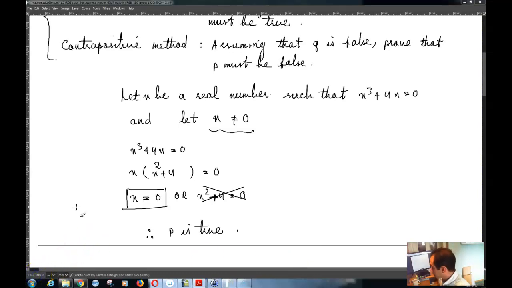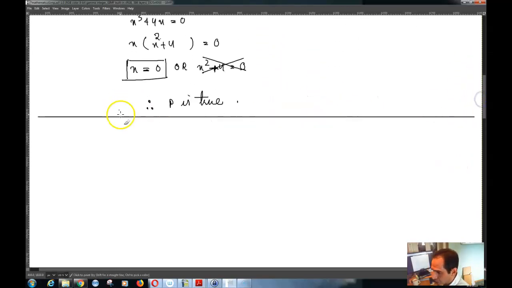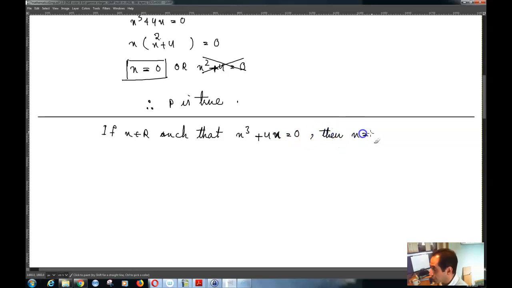Okay, so now let's prove by the method of contrapositive that the same statement is true. Our statement was, if x belongs to the set of real numbers such that x cubed plus 4x is equal to 0, then x is equal to 0.